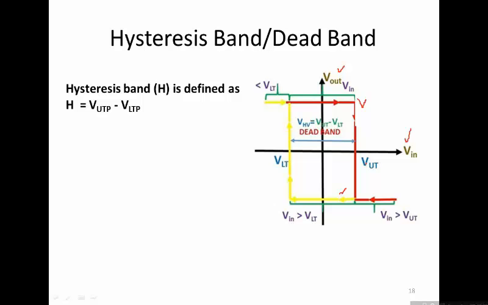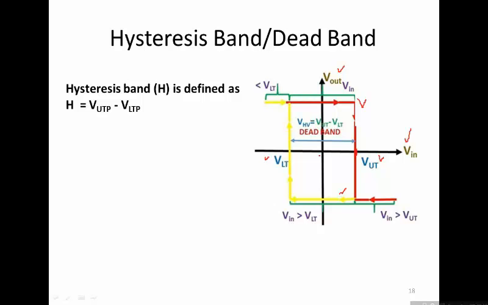So here we define trigger points VUT and VLT with respect to the input. That is, when the input is increased and crosses this trigger point, then the output changes from one level to the other level.